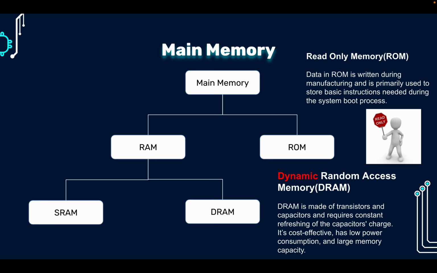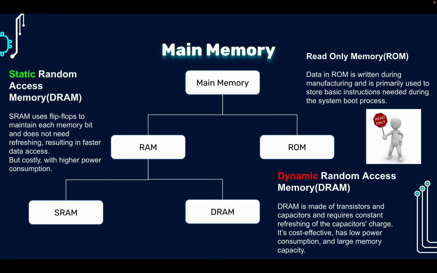In comparison, SRAM, the static random access memory, uses flip-flops to maintain each memory bit and does not need refreshing, resulting in faster data access, but it is costly and also has higher power consumption.